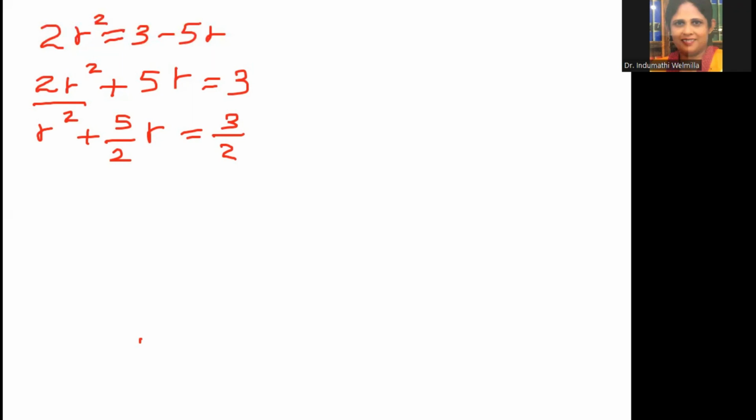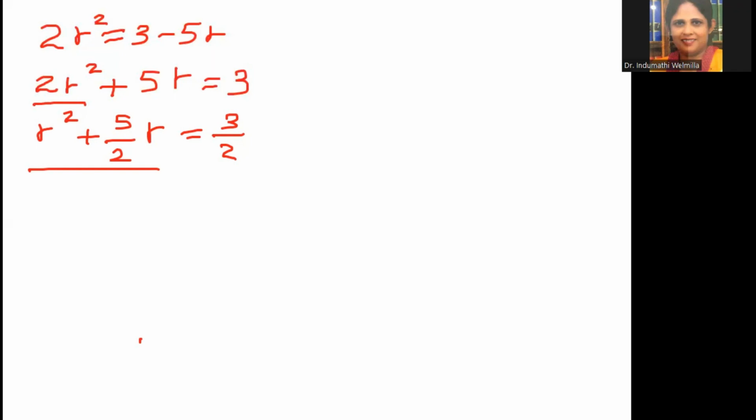Then we need to write this side as a completed square by adding the required additional constant value. So now we need to identify what value we have to add on both sides.